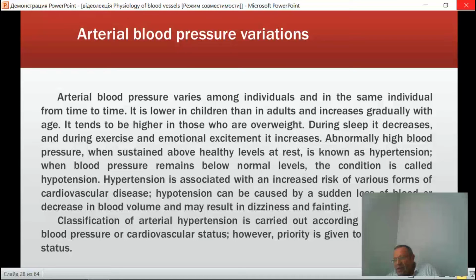Hypotension can be caused by sudden loss of blood or decrease in blood volume and may result in dizziness and fainting. Classification of arterial hypertension is carried out according to the level of blood pressure or cardiovascular status. However, priority is given to cardiovascular status.